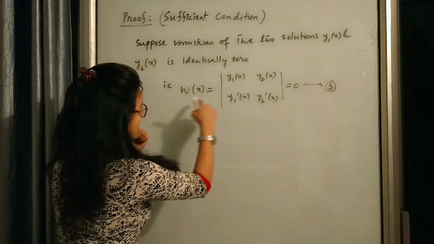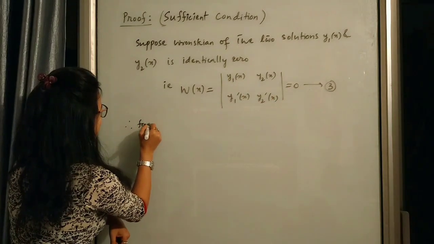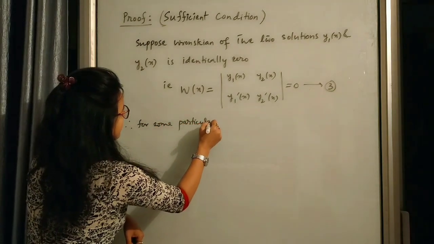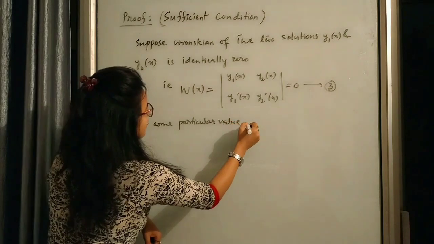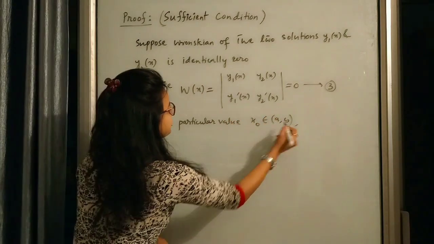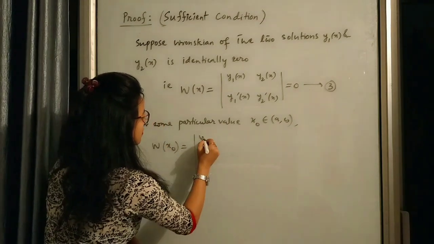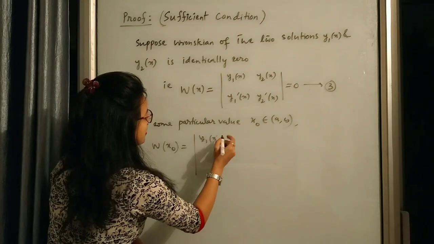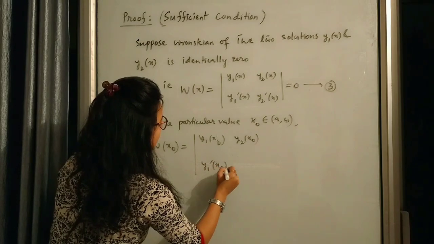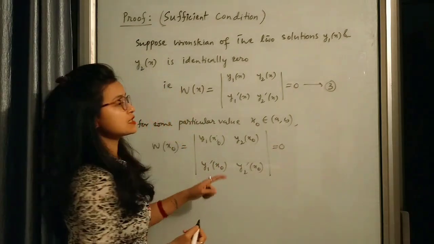As this Wronskian is identically 0, therefore for some particular value, say x0 in the open interval, W(x0), the determinant of y1(x0), y2(x0), y1'(x0), y2'(x0), is also 0.